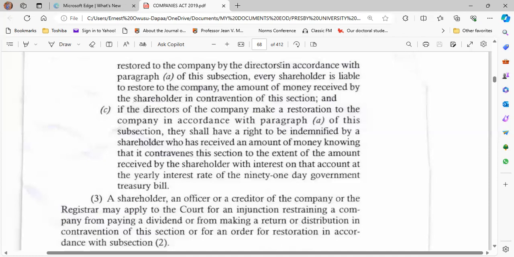Then the shareholders who actually received the money should not be permitted to hold on to the money they received. It will have to be paid to the directors who have actually refunded it to the company already. So that is the point being made.